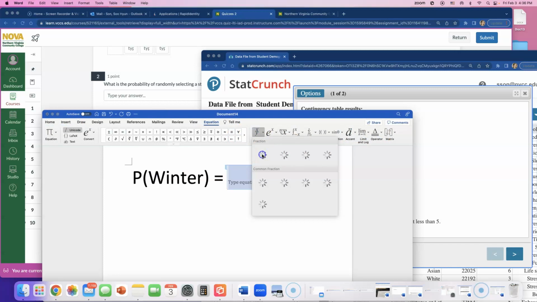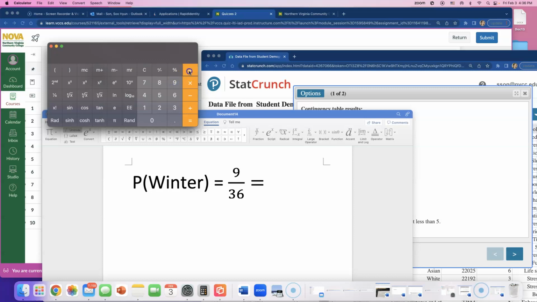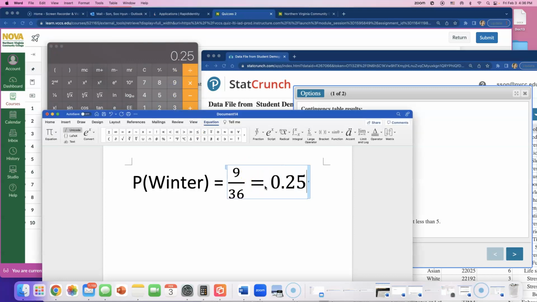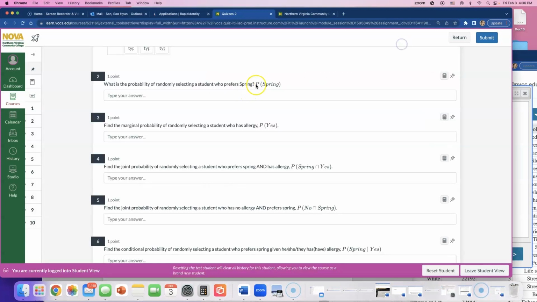So you get your fraction first, 9 out of 36. But I do want you to round your decimal to 2 decimal places. So 9 divided by 36 comes out to be 0.25. So that's how you can find the probability of liking a specific season. The question that I asked on this quiz is liking spring, right?